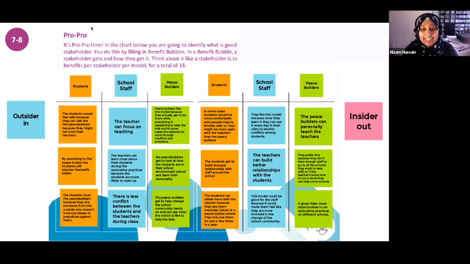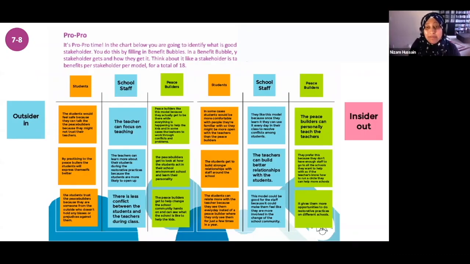The one at the bottom in the insider out peace builder column says it gives them more opportunities to do restorative practices in different schools, which I think is really insightful, because that's probably what they want to do. They want to take their process and their message out to as many schools as possible.